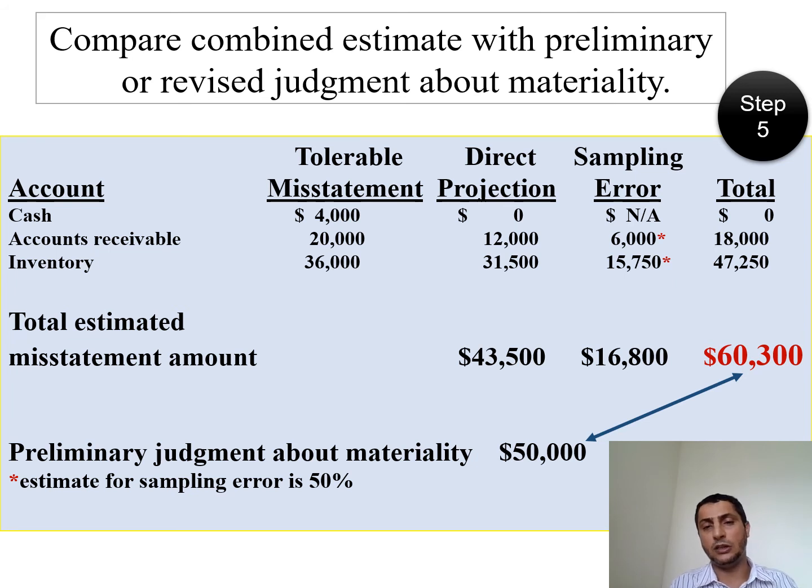Then after that, we need to determine and identify the misstatement based on each account and segment, and then combine them, combine the total and get the total tolerable misstatement. Then finally compare the total tolerable misstatement with the preliminary judgment, and that's all the steps from A to Z.